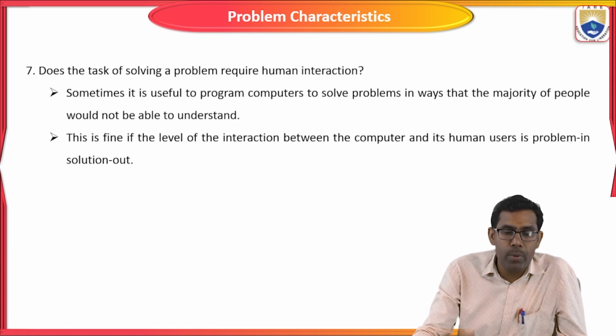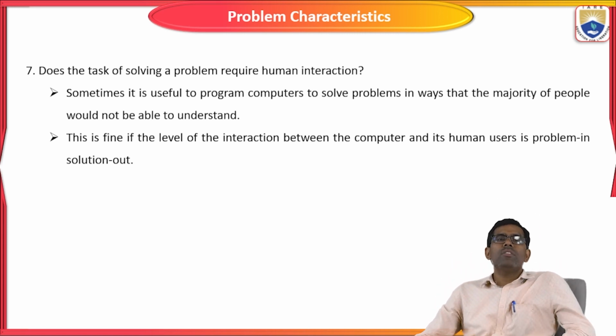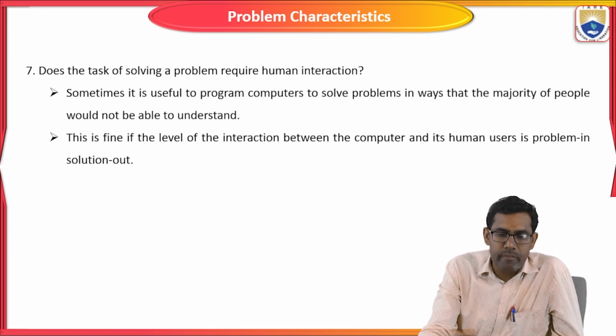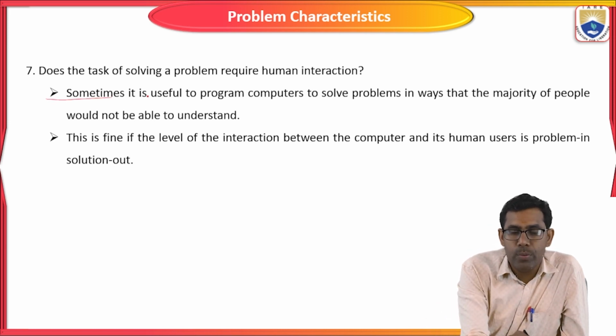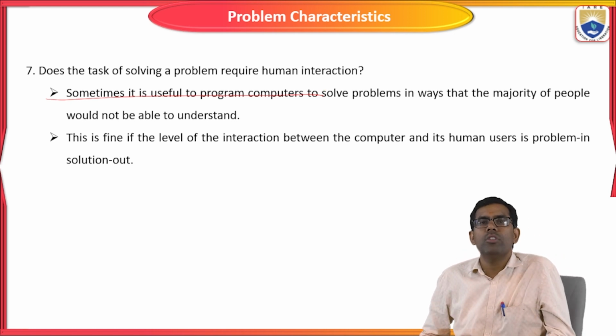The last category of the production system is: does the task of solving a problem require human interaction? If the artificial intelligence machine starts solving a particular problem, what kind of interaction and help do we need from the human? Sometimes it is useful to program a computer to solve a problem in a way the majority of people would not be able to understand, right?